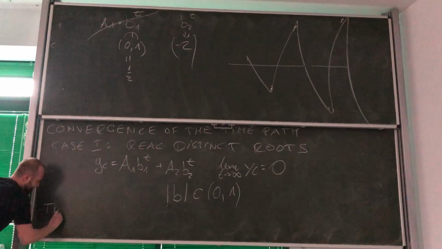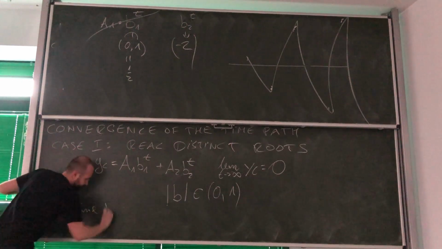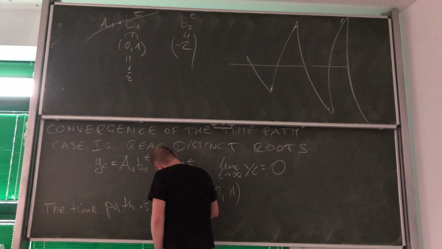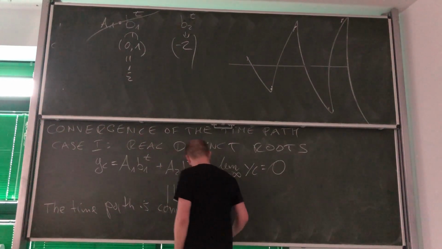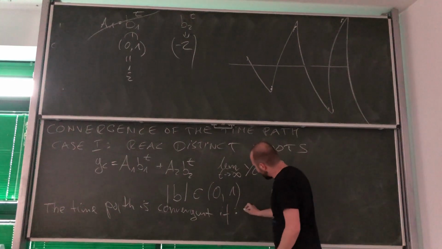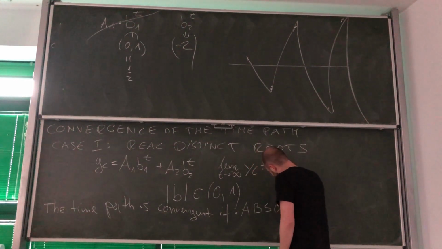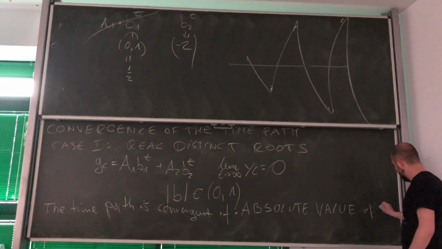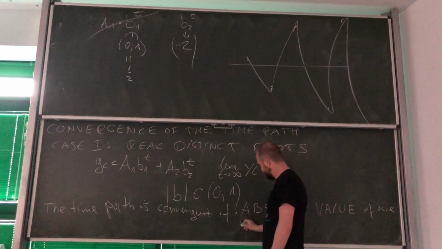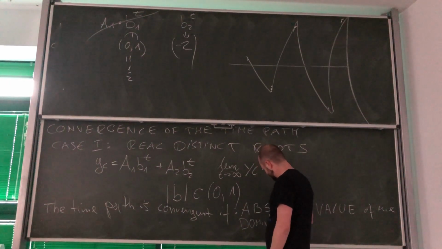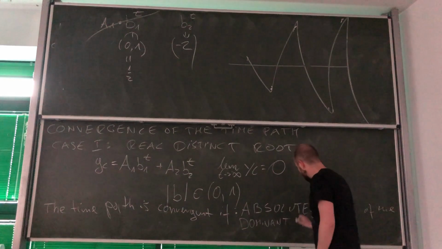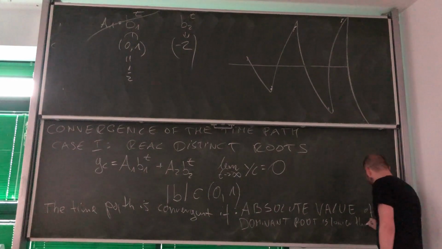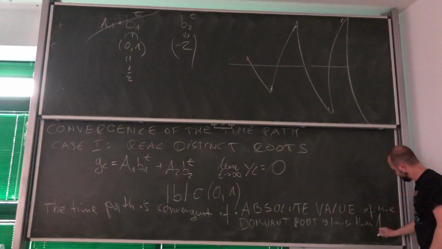The time path is convergent if the absolute value of the dominant root is lower than 1.